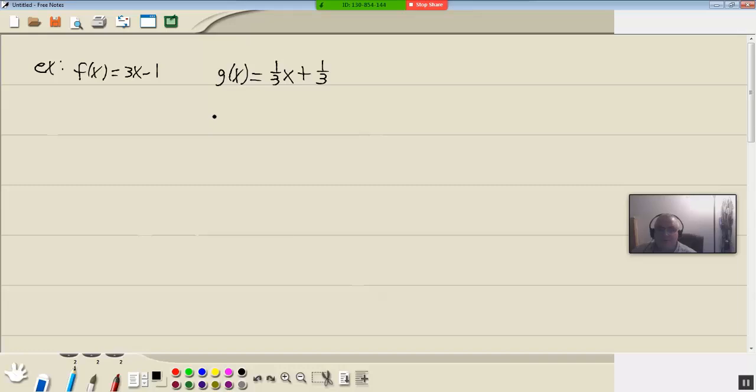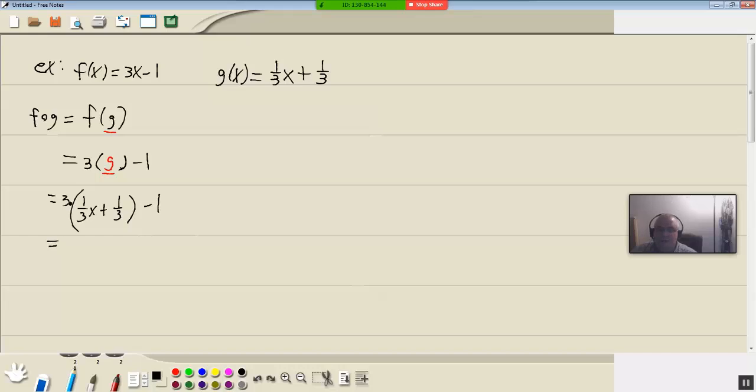And the question is whether these are inverses of each other. Well, first I find the composition of f and g, which remember is f of g. So I'm going to go to my f of x, which is 3x minus 1, and where my x was, I put in a set of parentheses. Now, whatever is inside this parentheses is automatically what goes in here. So I put g in there. But g was equal to 1/3 x plus 1/3. So I'll put that in where the g was.